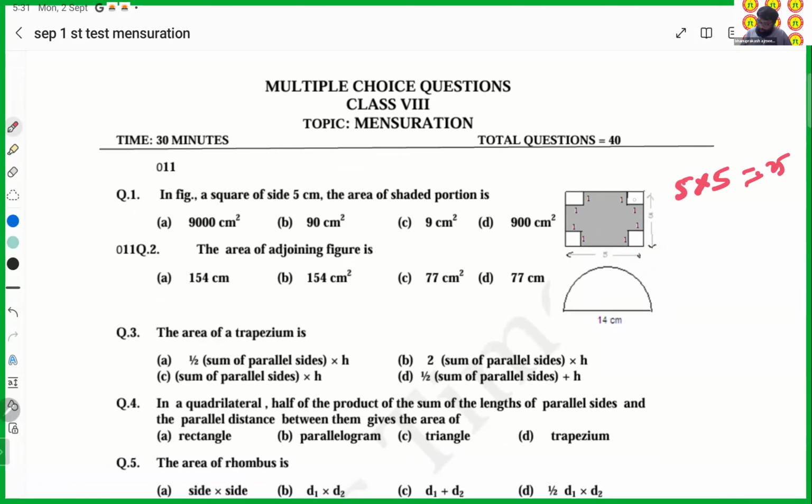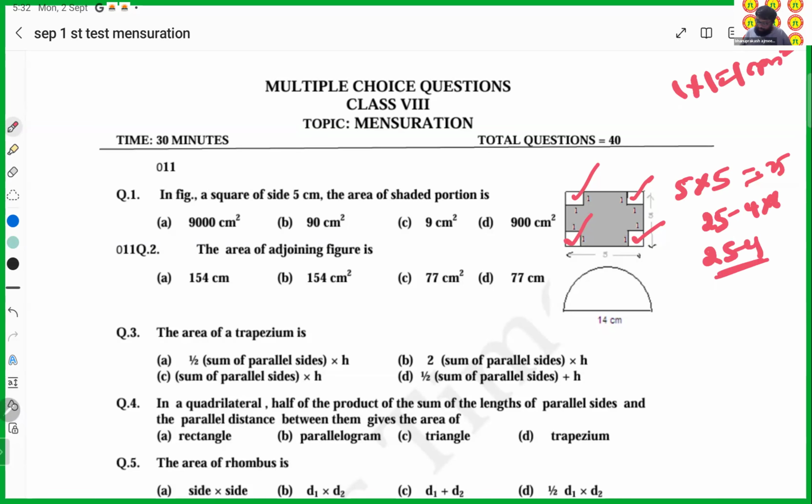But here, if you see, there are how many squares? 1 square, 2 square, 3 square, 4 squares. So 25 minus 4 into what is the area of this small square? 1 into 1 is 1, right? Yes, sir, 1 centimeter square. So that would be 25 minus 4.